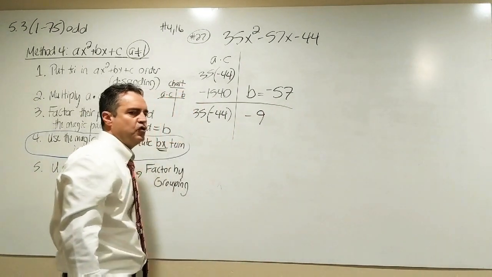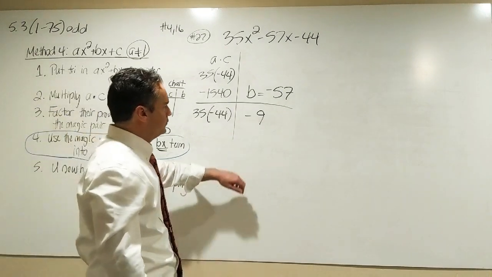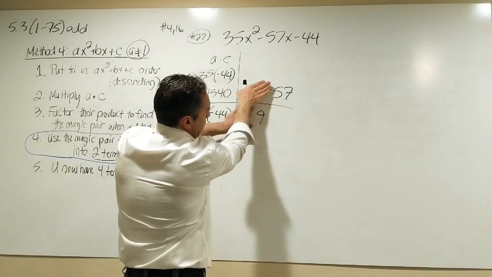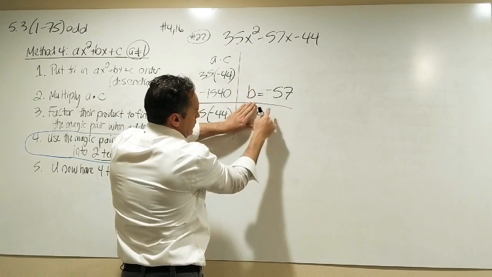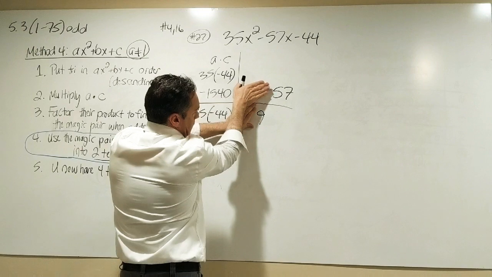Now, Hallie and Jordan, I want you to look at this. If I forget about the negatives, 57 and 9, I need this number to be bigger or smaller? Bigger! Absolutely.